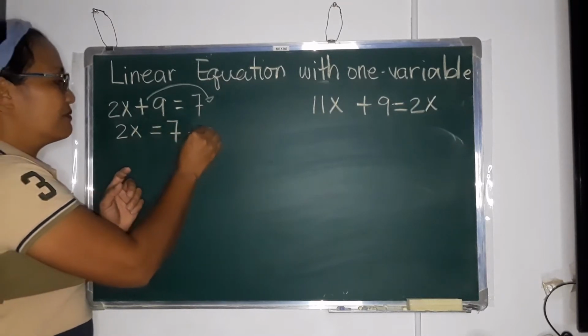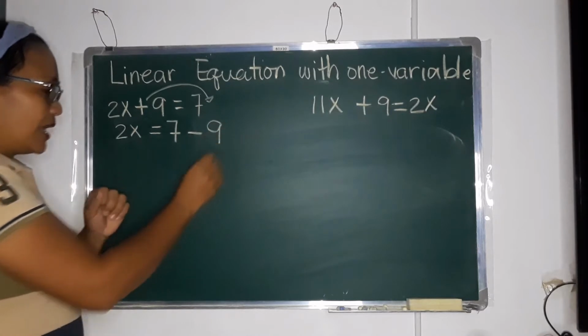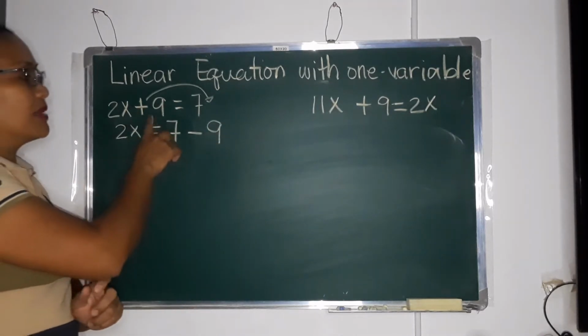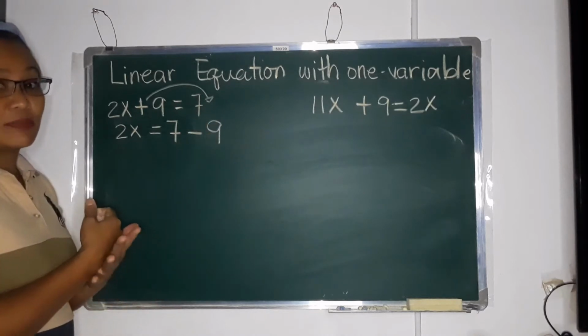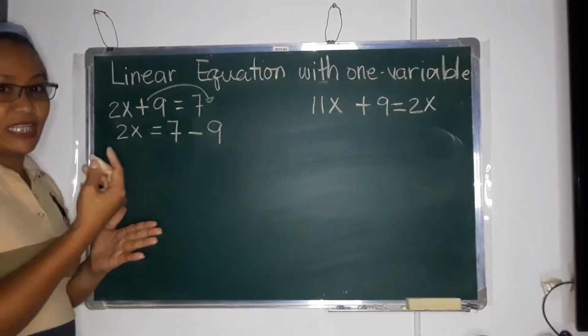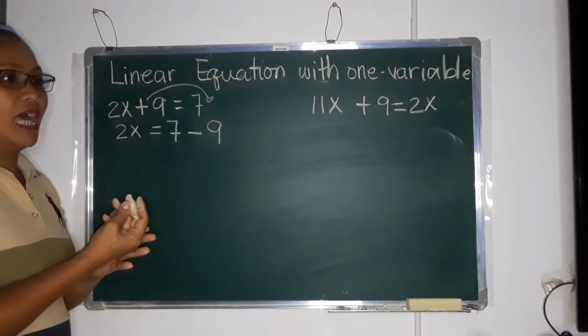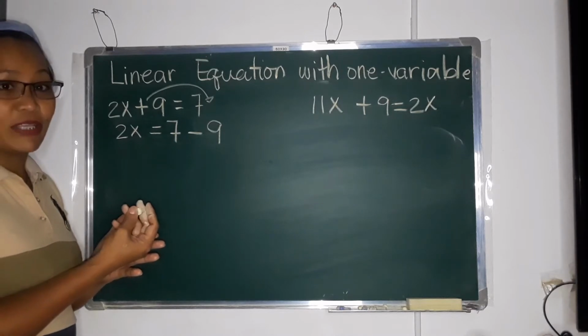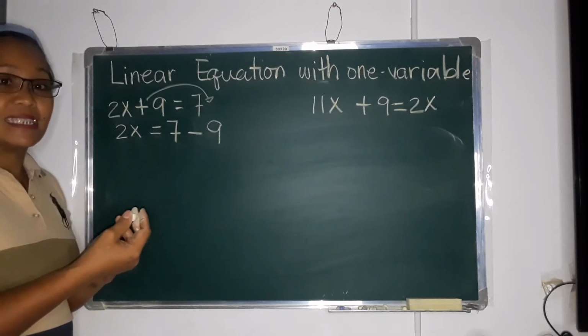Okay, so negative 9. Maybe you're asking why the positive 9 becomes negative 9 when we transpose to the other side. That's the rule or shortcut of addition or subtraction property of equality. I'm going to discuss that later on.